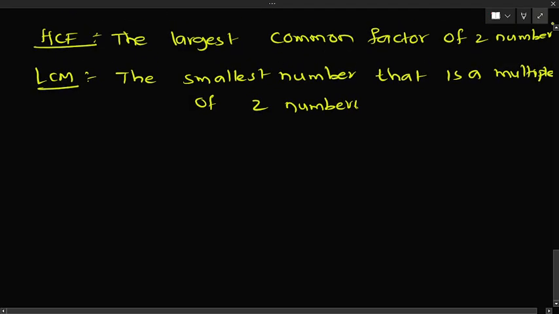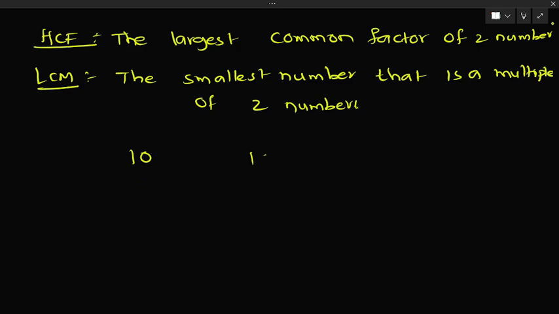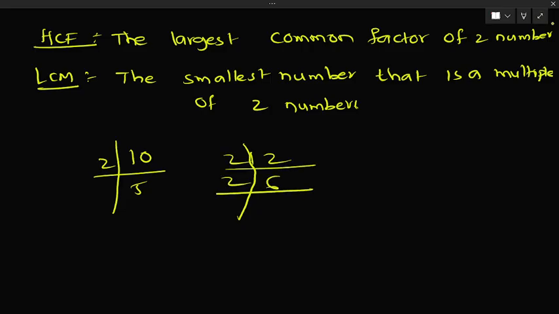For example, I will consider 10 and the other number as 12. So what are the prime factors? 2 5s are 10, and here 2 6s are 12, 2 3s. So 10 can be written in the form of 2 into 5.